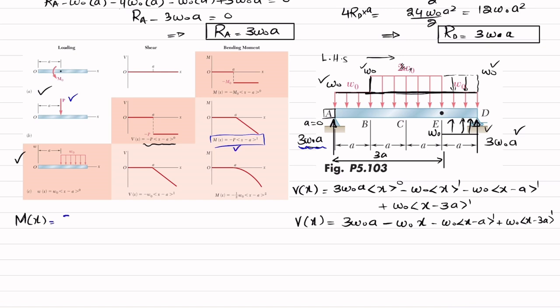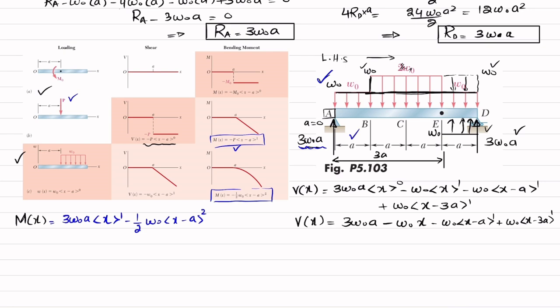So plus P, and P is 3W naught into A, into x minus A, where A is equal to 0 because it is starting from point A, so power 1. The second load is this W naught, clear, and the equation for it is this one. So that will be minus 1 over 2 W naught into x minus a power 2, and a is this distance, clear.